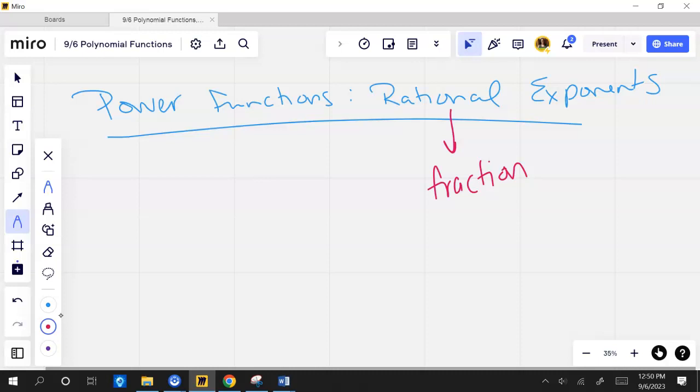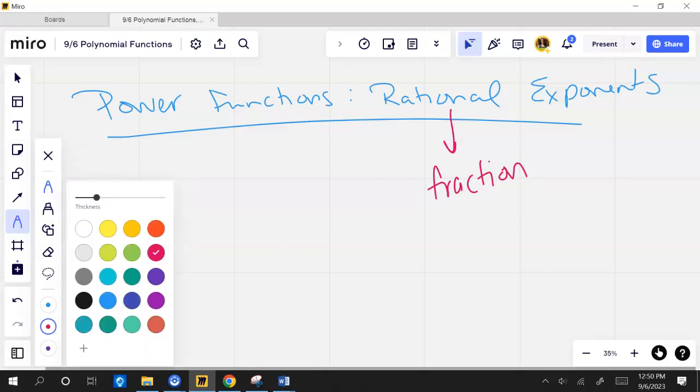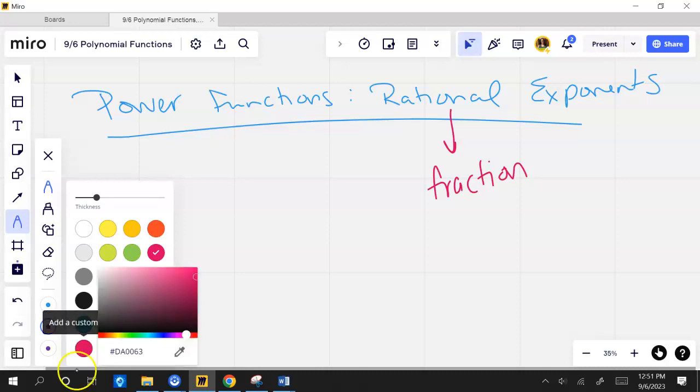Purple. No, green. Green? Green. Teal? These are the colors I have to choose from. I can add a color. What color?